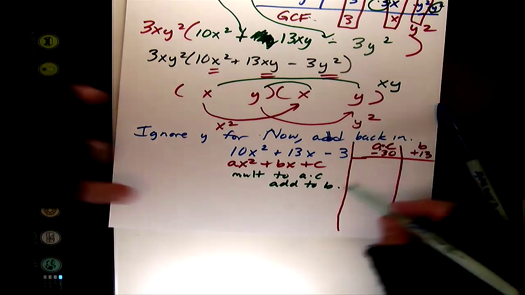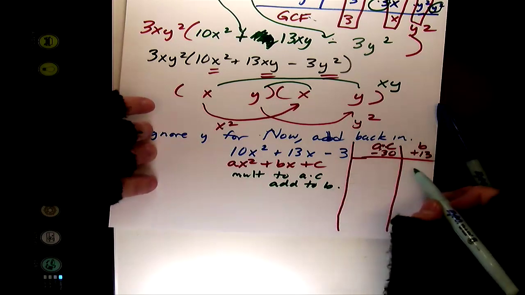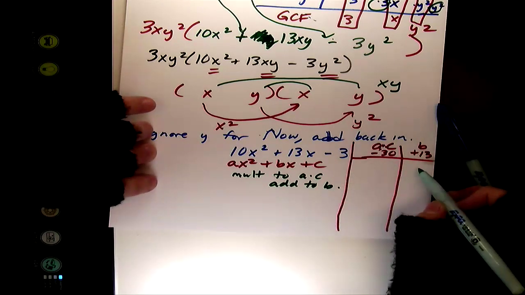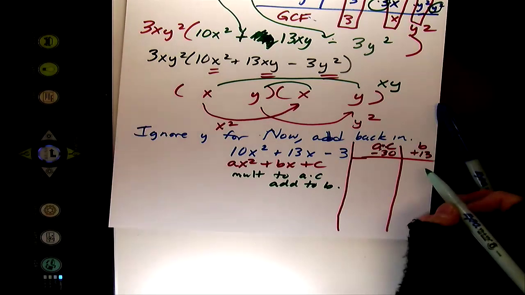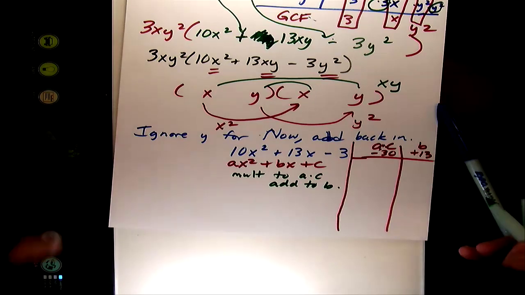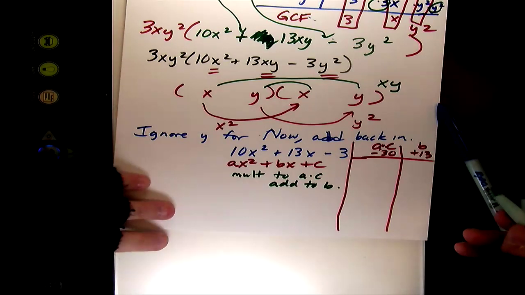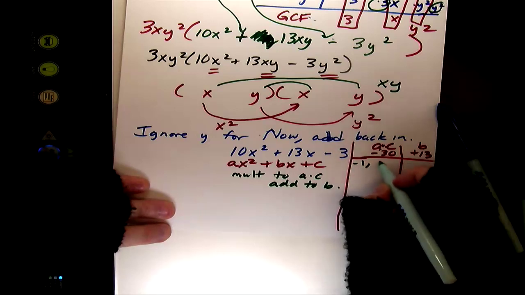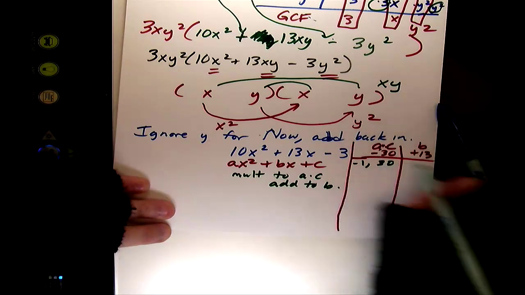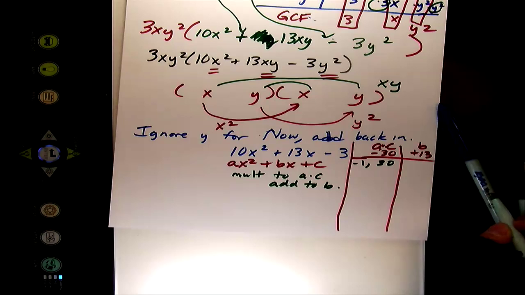If we add them together and we end up with a positive outcome, does that give us more information about the negative and the positive number? It means the negative number is smaller, or the positive number is the bigger one, because that way, when we combine them, we end up with a positive value. So I'm going to start with the factors of 30. With that pattern in mind, the big number is the positive one.